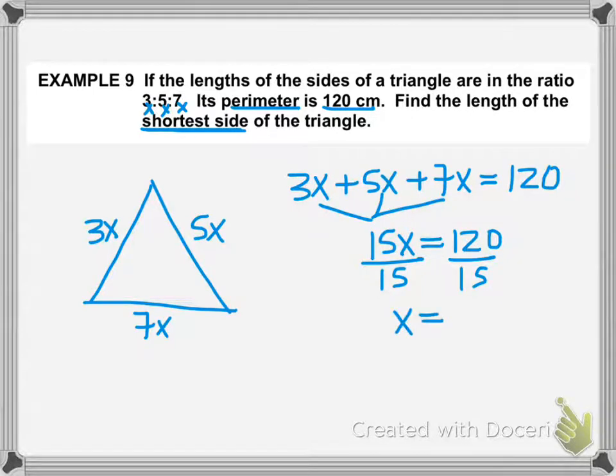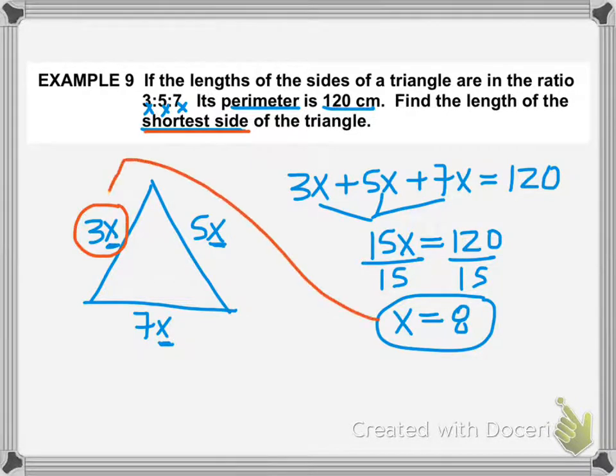120 divided by 15 is 8. So x equals 8. That's not the shortest side, though. That just tells you the number to multiply the 3, 5, and the 7 by to get the three sides. Now we just need the shortest side. So the shortest of these is going to be the one with the smaller factor in front. That's going to be the 3x.